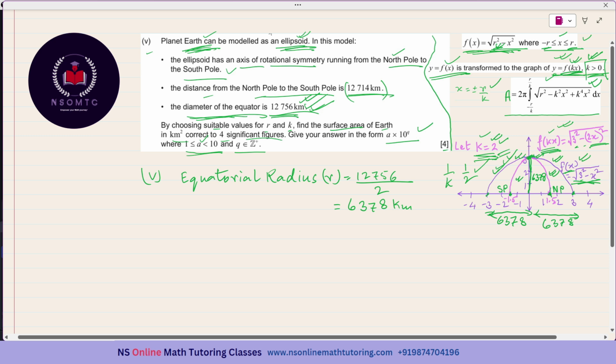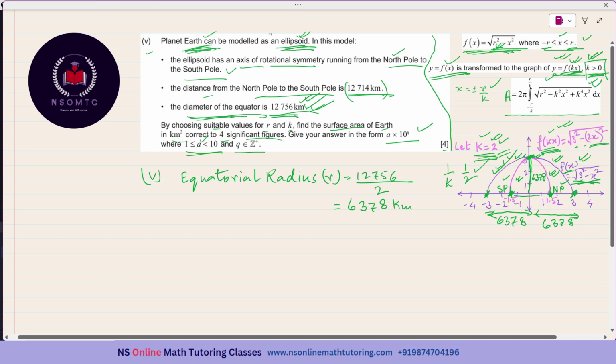Don't take this as the North Pole, it will be wrong because these have got flattened. The original position was over here, it got flattened by the effect of the horizontal stretch. So it has come over here. Similarly, this point has come to this point. So I have taken this point as the North Pole and this point as the South Pole.